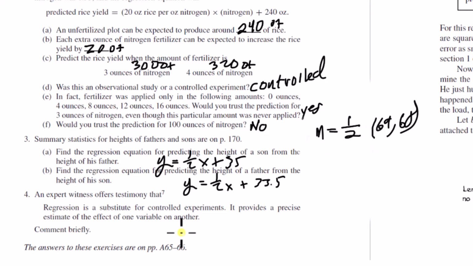If you've got an observational study, you can use regression to just describe those data points in front of you. What they're suggesting here is that instead of doing the controlled experiment, you could use observational study data, do regression, and now use that regression line to predict things that are going to happen outside of those main data points. No.